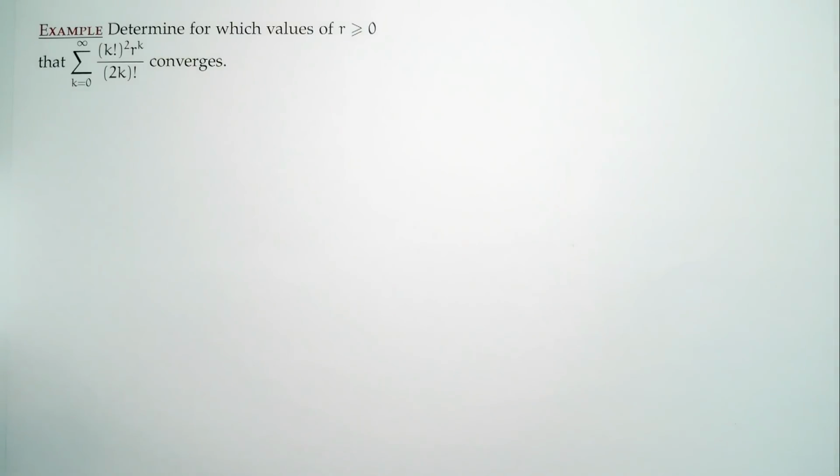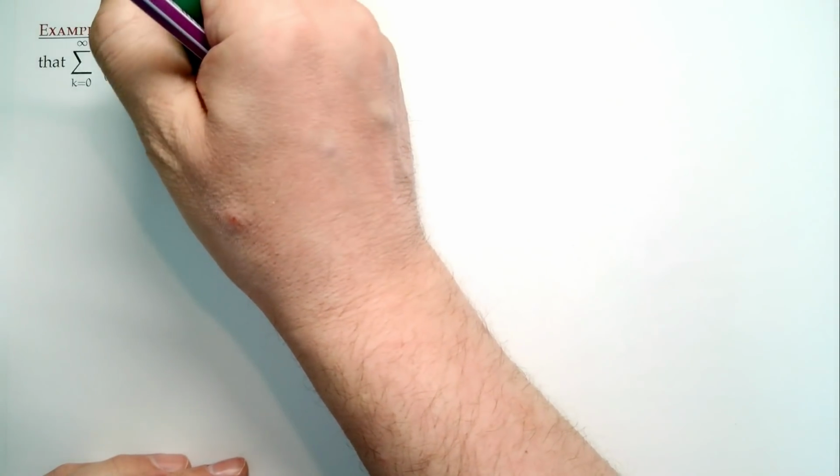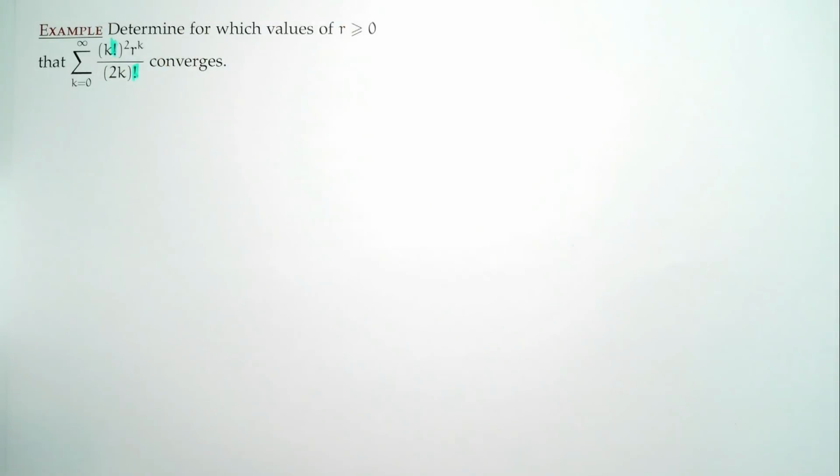All right, well, let's dig into this. So first off, what's the right test to use here? And there should be a clue. And what's the clue? Well, the clue are these little symbols here, these exclamation marks, the factorials. When you see factorials, that says you should think ratio test. So we see those factorials and we put on our ratio test hats.